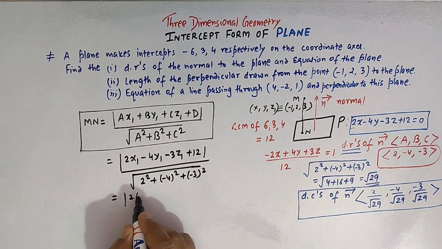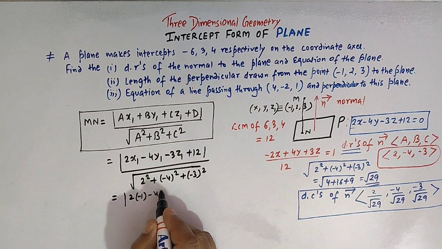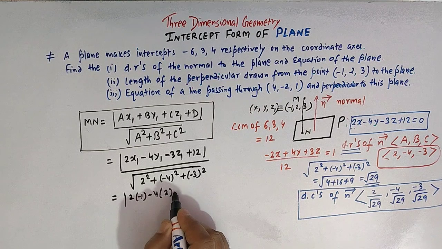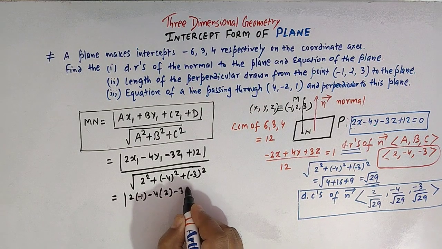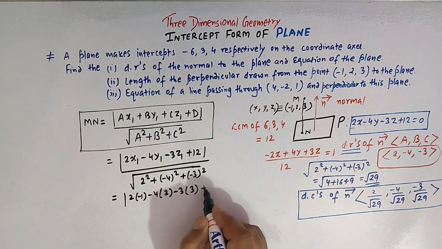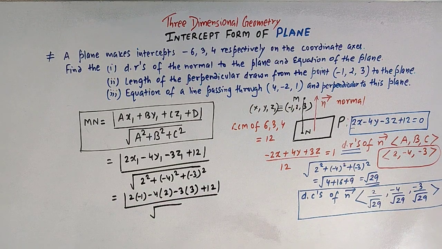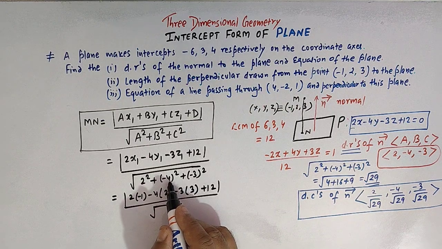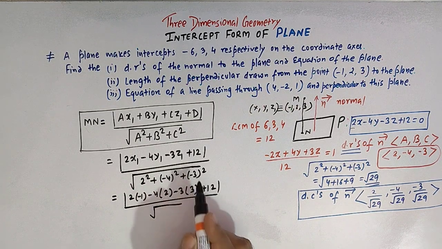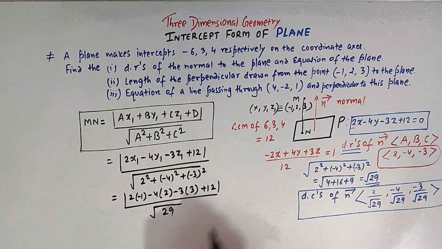So we have 2 times minus 1, then we have minus 4 times 2, then we have minus 3 times 3, and here we have 12, and divided by square root of this is 4 plus 16, 20, 20 plus 9 is 29, right?